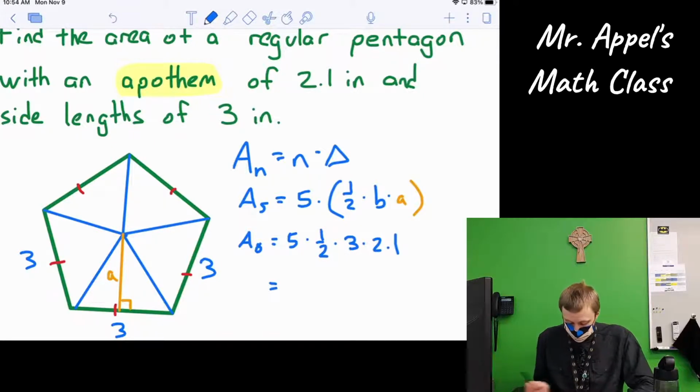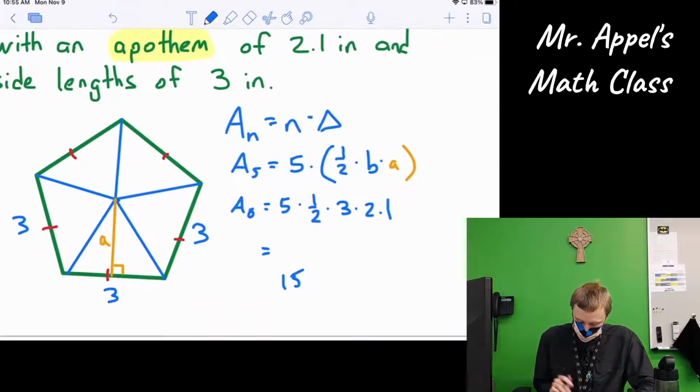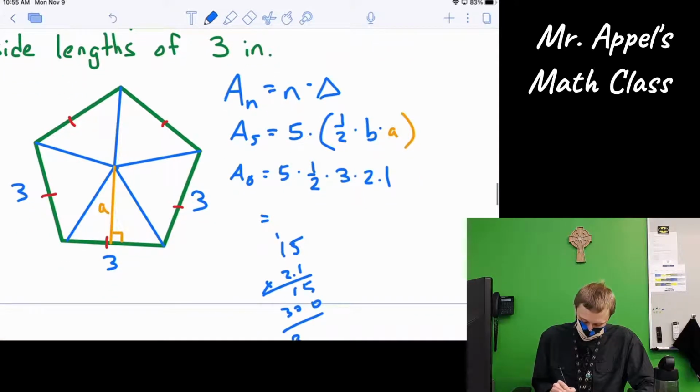So go ahead, multiply that out. 3 times 5, 15 times 2.1. Let's see, 5 times 1, 0, 2 times 5 is 10, 2, 3, 3, 1, 5, move the decimal point, 31.5.